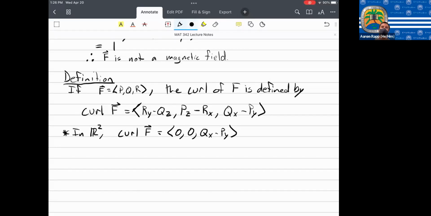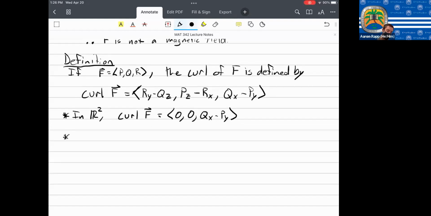Now, important question: what is this actually measuring? Divergence was measuring energy flow in and out of any point. What do you think this curl operator is doing? Look at the x component. R sub y is representing what?